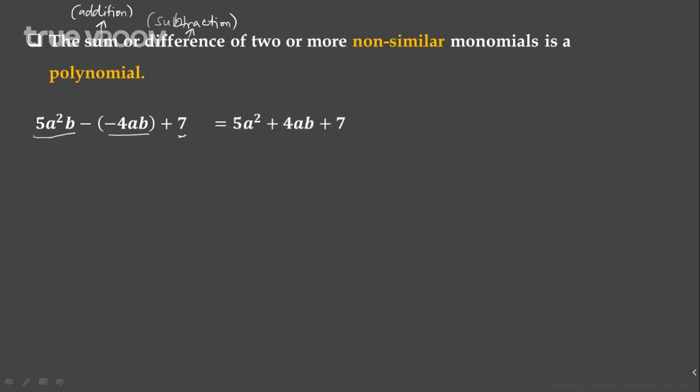So your answer will just be 5a squared b, change the sign to plus, negative 4 will become positive 4ab plus 7. But you will not add. You cannot because they are not similar. So this will just be your final answer.